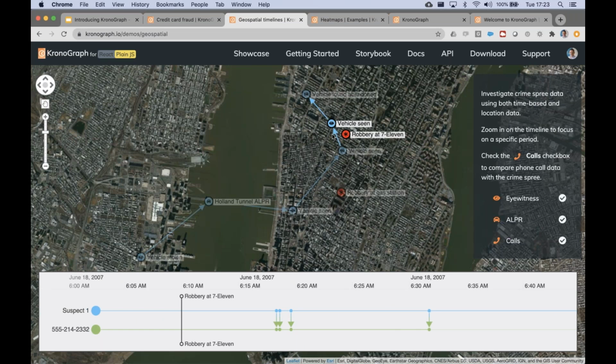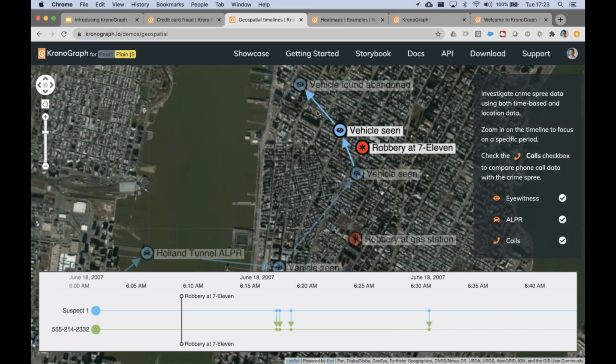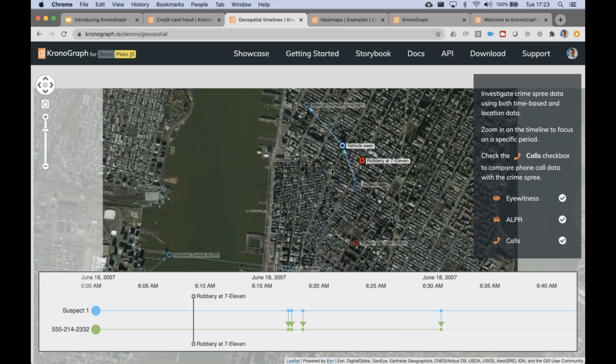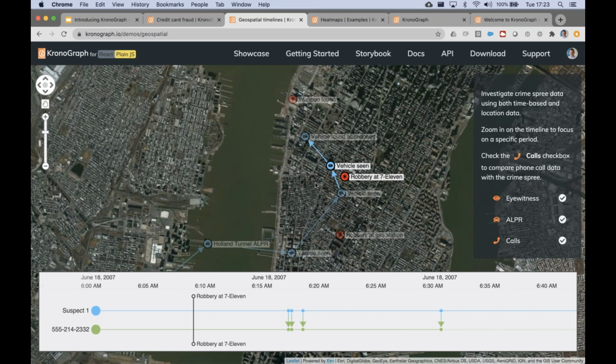We know roughly where the person was because we can see which of these observations happened within the time window we're looking at. But we can also see these outgoing phone calls. We can see that our suspect called this number 1, 2, 3, 4 times during a very short period during this crime. So we've got a lot of information about what was going on simultaneously.